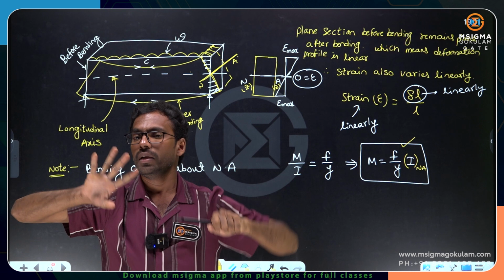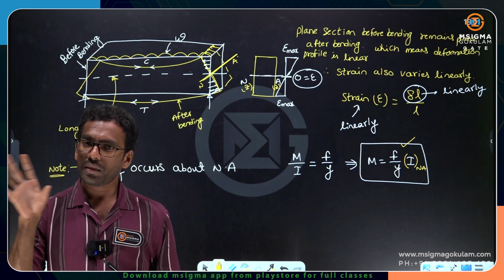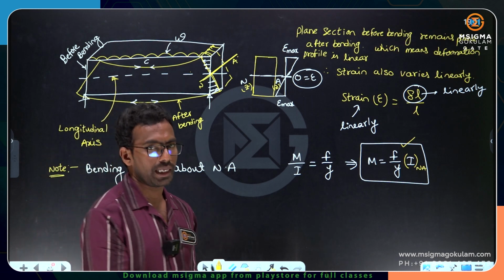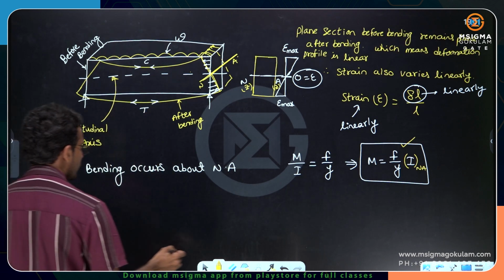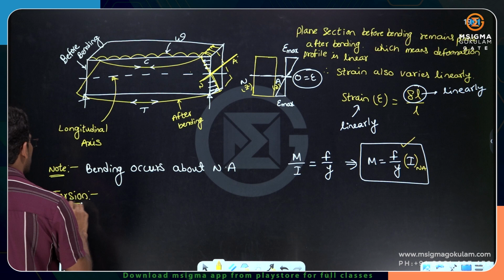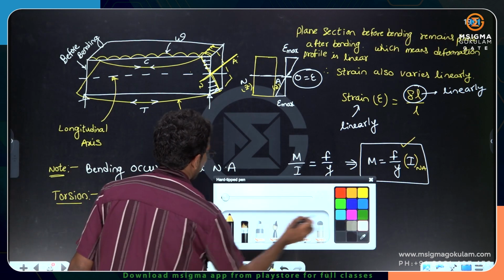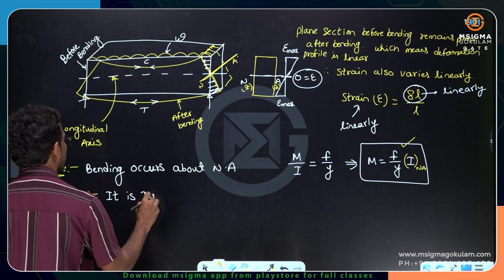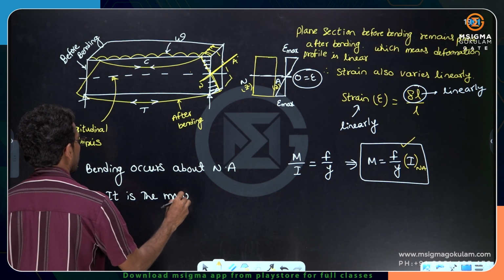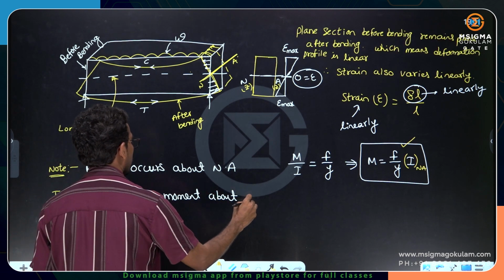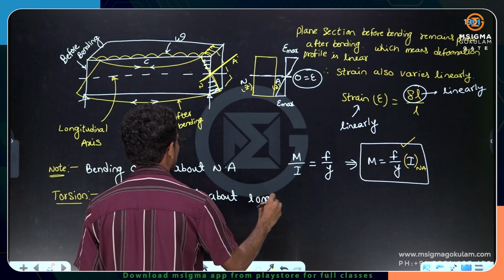Please understand that. Whenever torsion is there, in the torsion equation we use the moment of inertia about the polar axis. Torsion is a moment about the longitudinal axis.